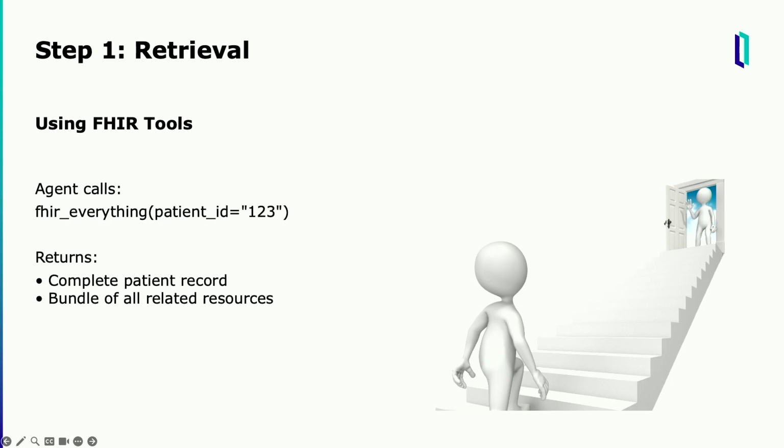The first step is to retrieve the patient record, often using this tool, FHIR_everything, which under the hood does a $everything request of the FHIR repository. That response then comes back as a raw searchset FHIR bundle and a very large longitudinal view of the patient.